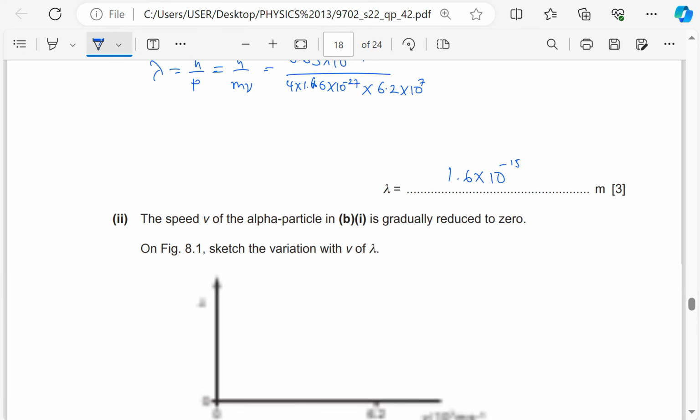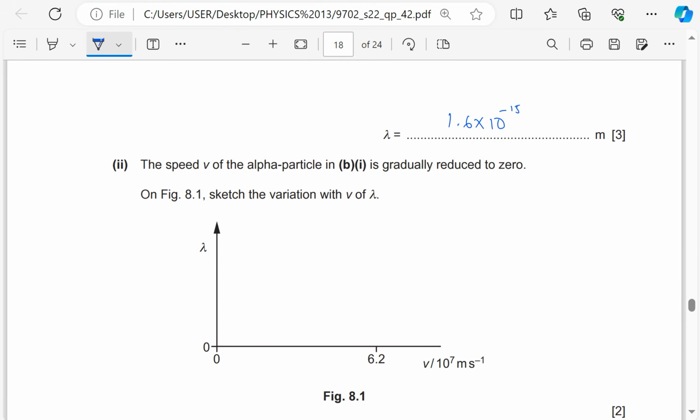The speed v of the alpha particle in part B Roman 1 is gradually reduced to 0. On the figure, sketch the variation with v of lambda. We have seen lambda is equal to h divided by mv, so lambda is inversely proportional to v. That can't be a straight line, it is a curve.